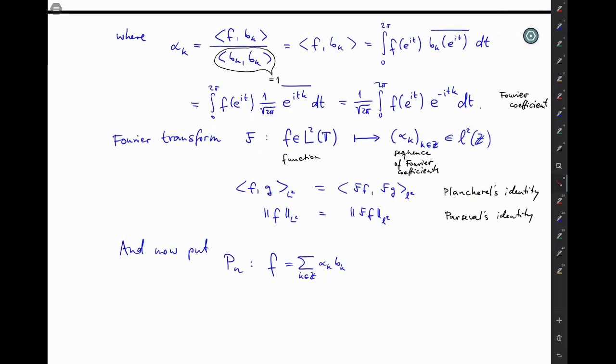And the most natural idea now is to truncate the summation, which is going from minus infinity to plus infinity, and to truncate it to the partial sum that only goes from k equals minus n to n.